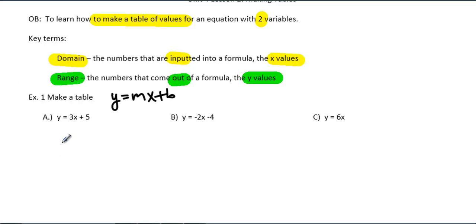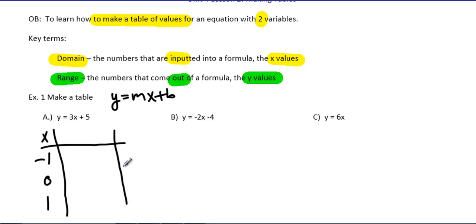So we're asked to make a table. What we're going to do is select some values for the x, the domain. Pretty easily we're going to set up the table, and I'm going to choose three values, and it really doesn't matter which three we use. What I'm going to do is be consistent and use these three values on the type of problem that we have right now.